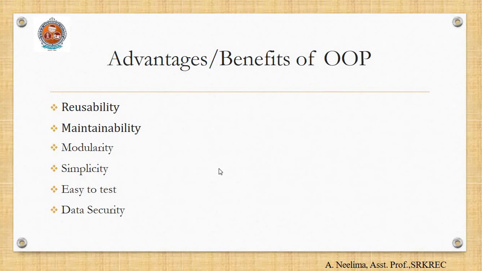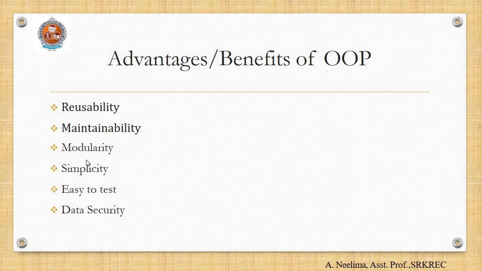Next, coming to the advantages or benefits of object-oriented programming. The first one is reusability. OOPS provides reusability by inheritance and polymorphism. Coming to maintainability, OOPS provides maintainability by inheritance. We can easily maintain software by extending it using inheritance and polymorphism.